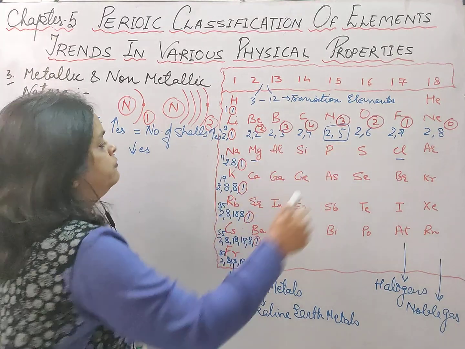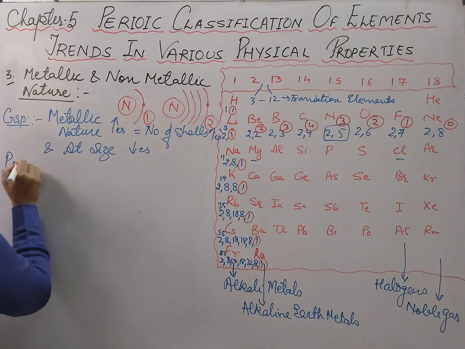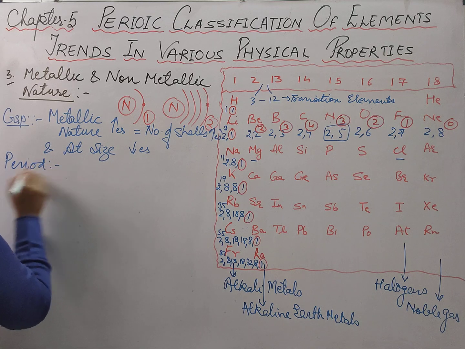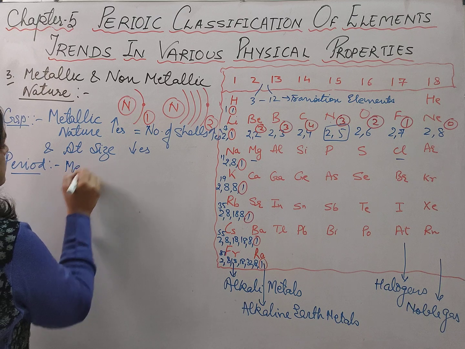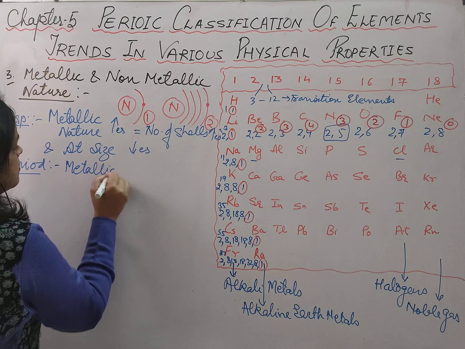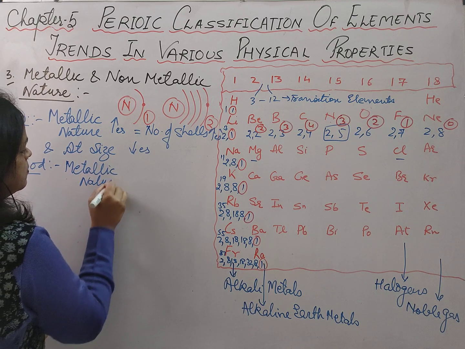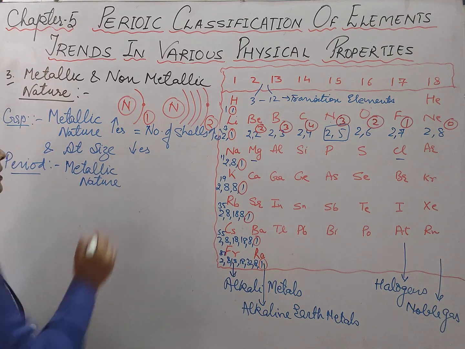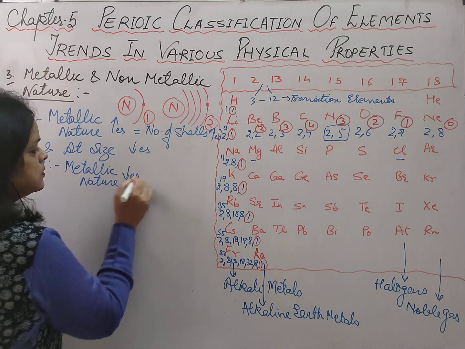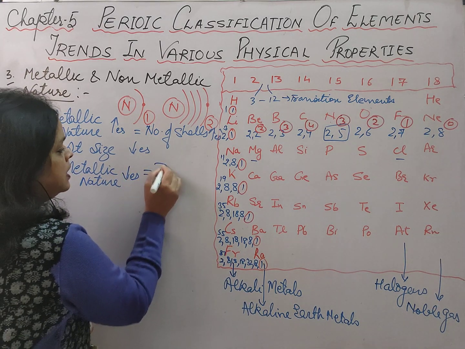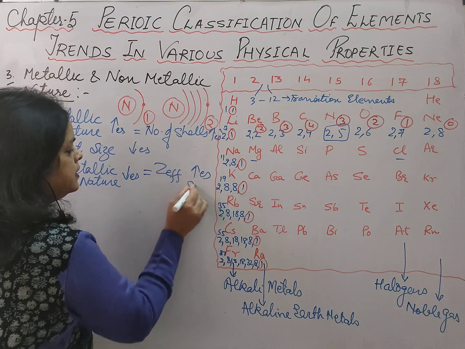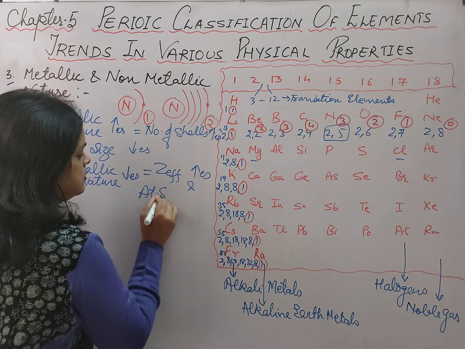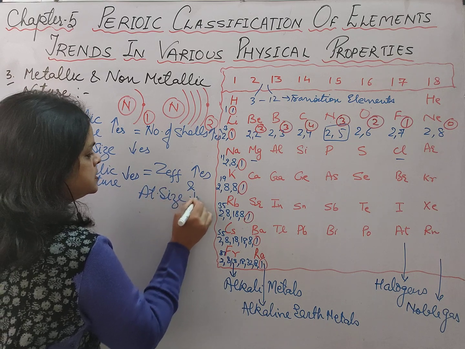And for a period, what can you summarize? In a period, the metallic nature decreases. Why? Because the effective nuclear charge increases and the atomic size decreases.